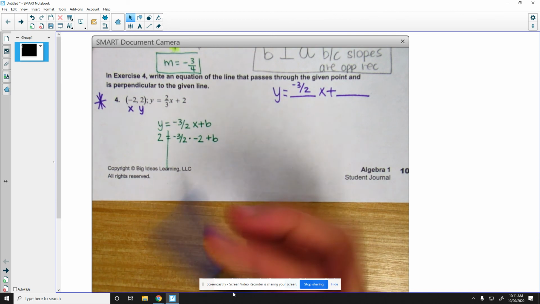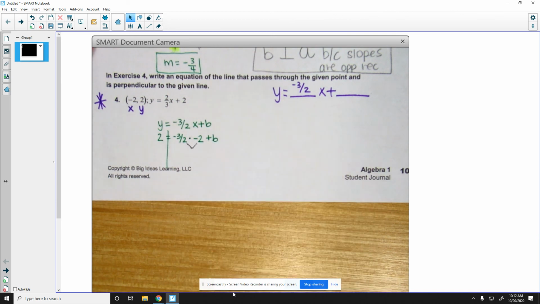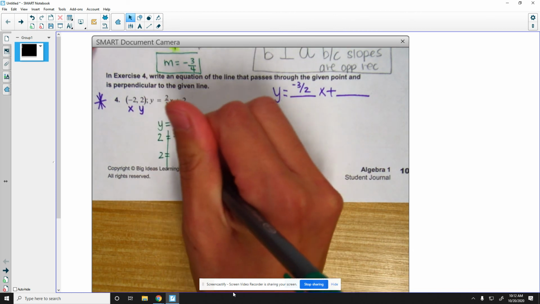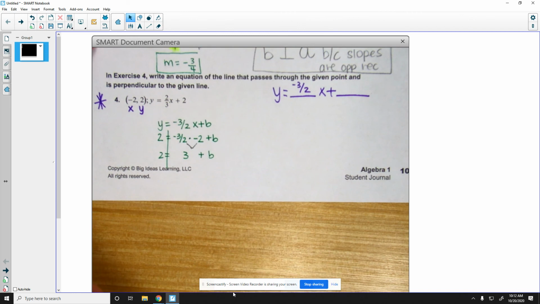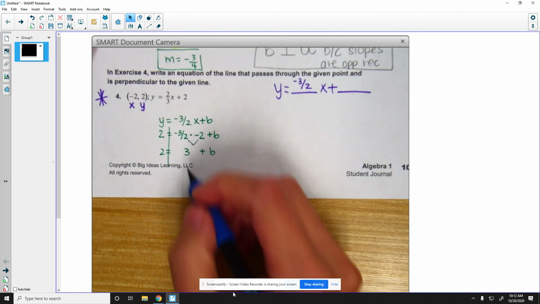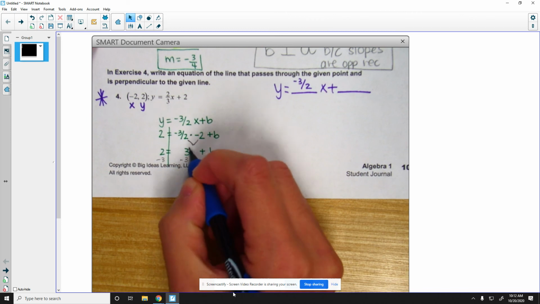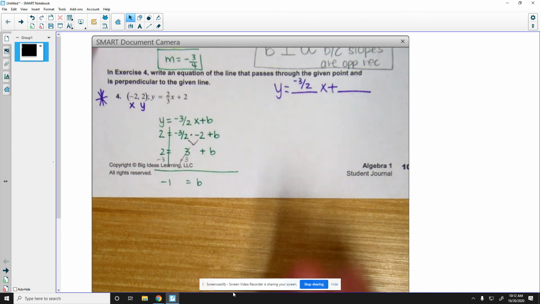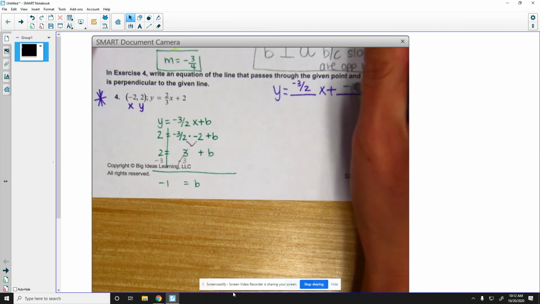So next what I do is I multiply this. Multiply it in your calculator if you need to. Negative 3 over 2 times negative 2 is just positive 3. If you type that in your calculator, you just get 3 plus B. Now I minus 3 on both sides. I get negative 1. And that's it.